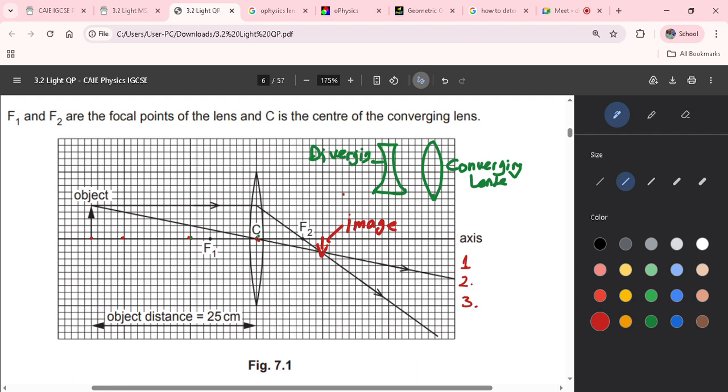Yeah, it's smaller. Very good. Smaller. This is the image. The image is smaller. What else? Besides smaller, what else? Is the image upright or inverted?